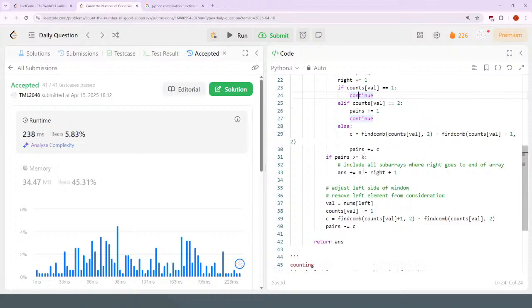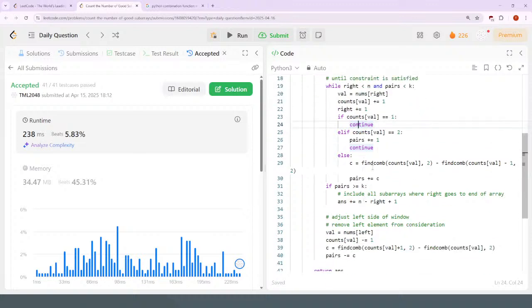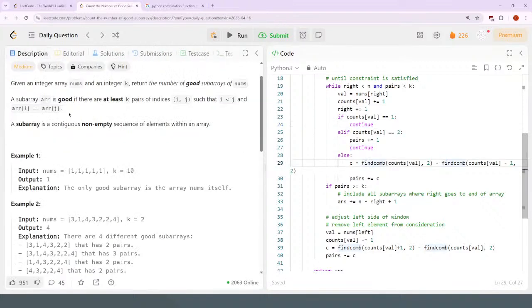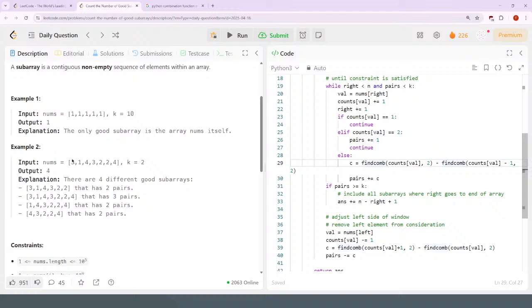Yeah, there's something I'm missing here. So the number of combinations, maybe I don't need to have 2 calls here. So what am I doing here?